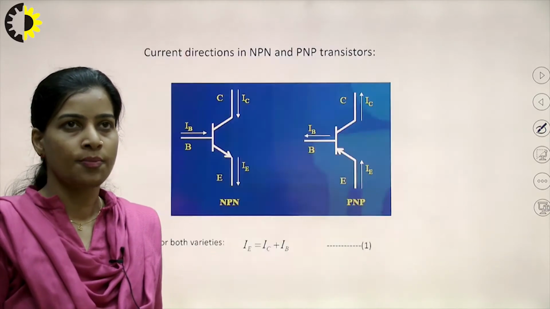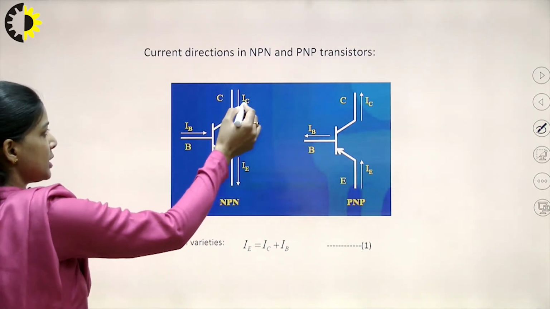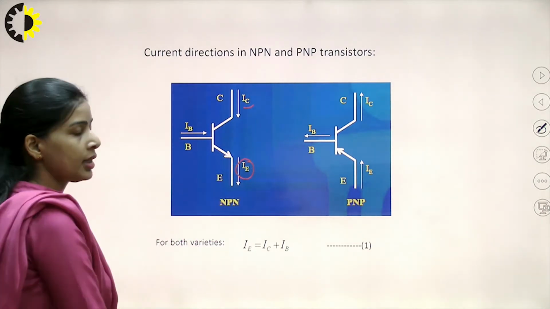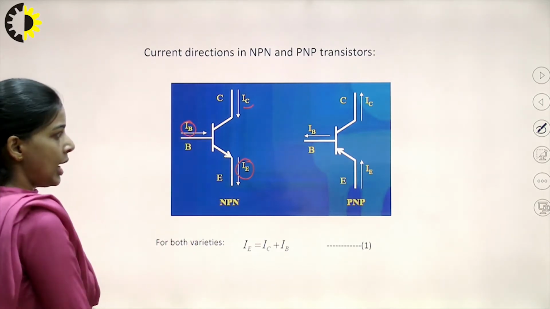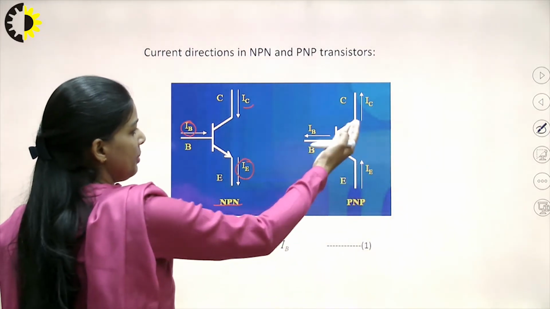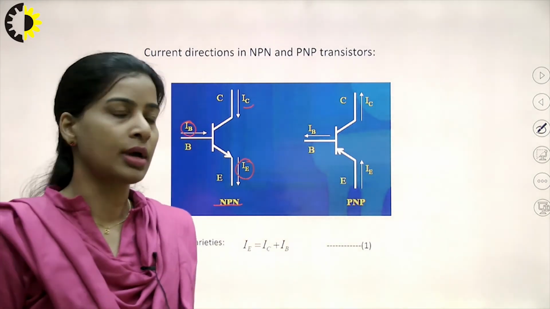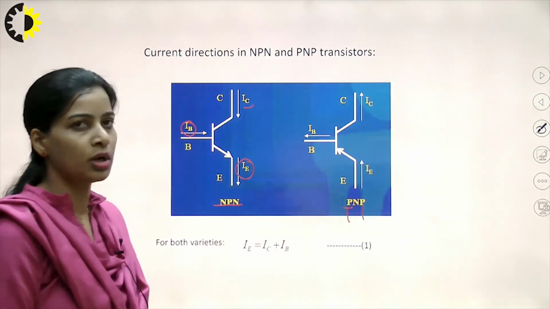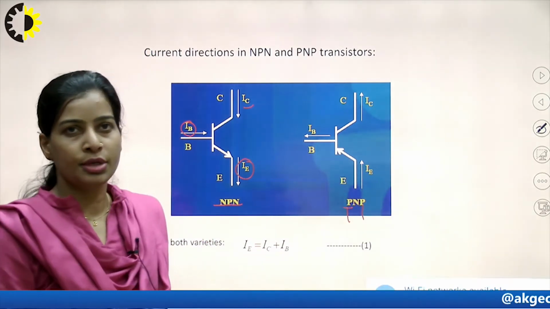This is the symbolic representation for the currents. From the collector terminal we have the current IC, in the emitter we have the flow of current named IE, and from the base we have the current IB. This is for the NPN transistor. All three currents will be there in the PNP with the opposite direction of flow, because in the PNP transistor the P sides will have holes as the majority carriers.